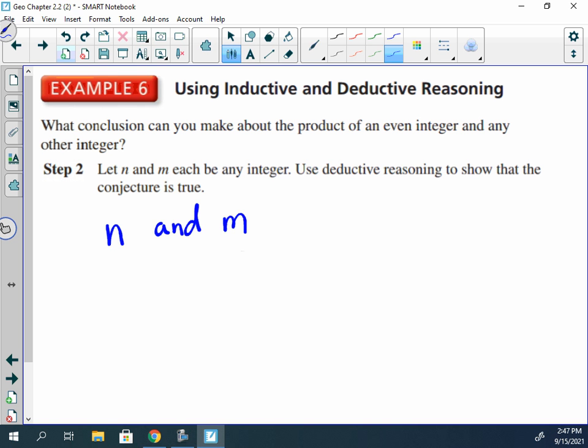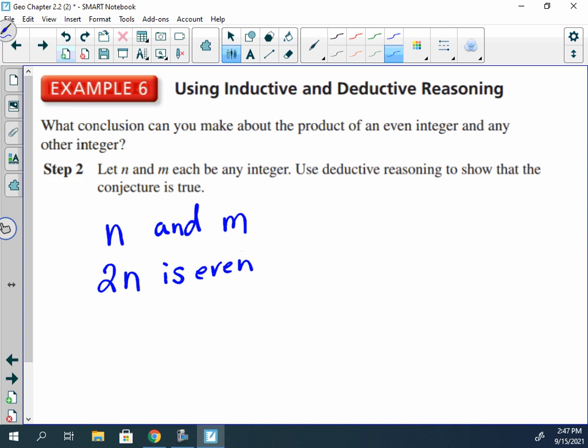And we want one of them to be even, no matter what they are, yes? So the easiest way to make one of these even is say if I take 2 times n, yes? So 2n is even. Because 2 times any number, it will be even. It's divisible by 2.